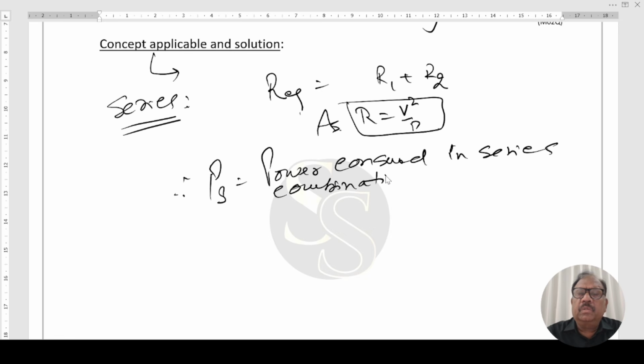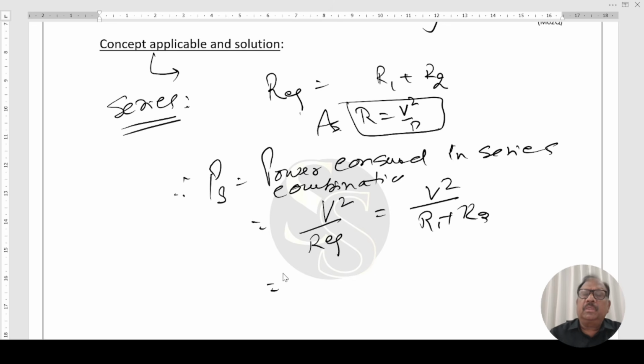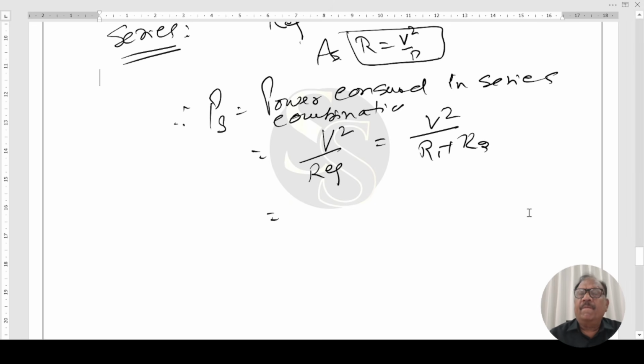Power consumed in series combination will be equal to V square upon R equivalent, V square upon R1 plus R2. That is V square upon V square by P1 plus V square by P2.